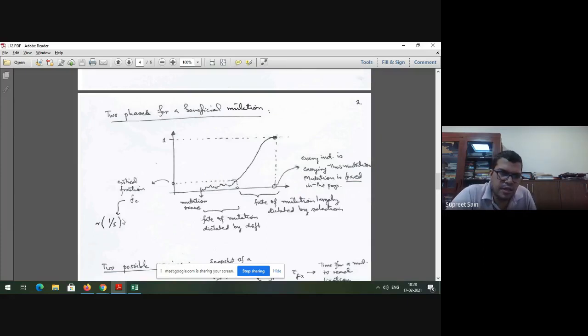The threshold below which a mutation's fate is thought to be decided by drift is when its number in the population, I'm sorry, this is not fraction, this is number of individuals.